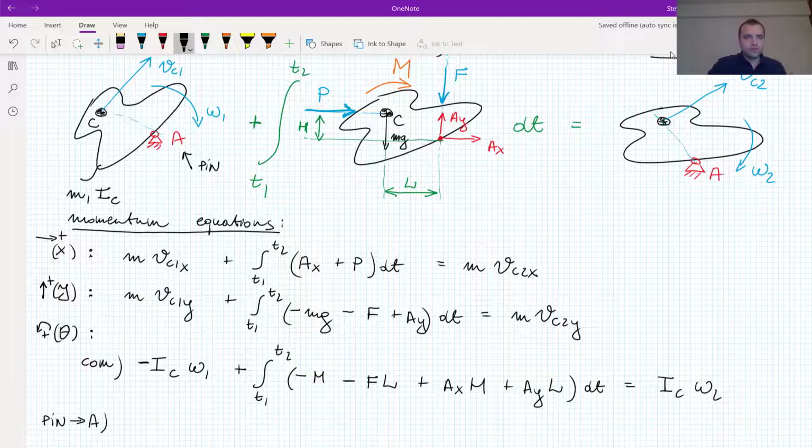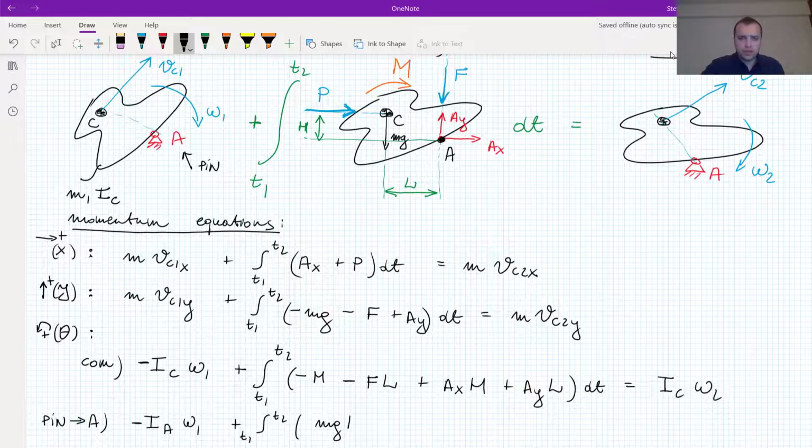In that case, we can start with minus IA omega1 plus the integral from t1 to t2 of, now I'm going to take moments about point A. So we will have mg here, mgL, and it rotates in a positive fashion.